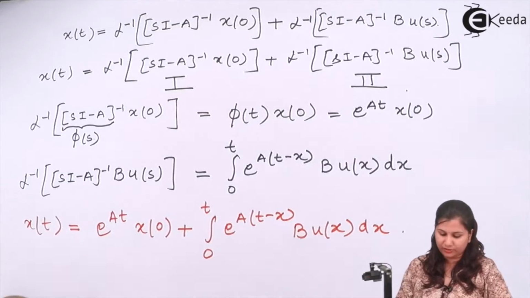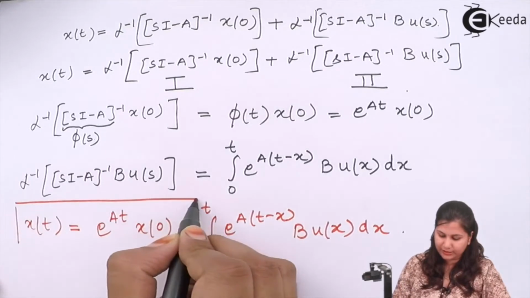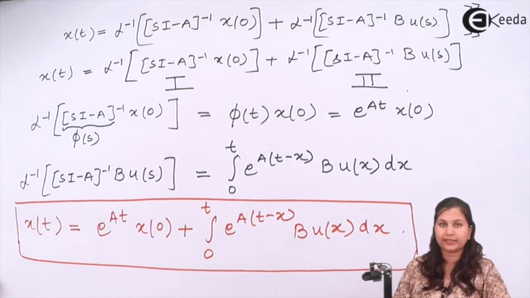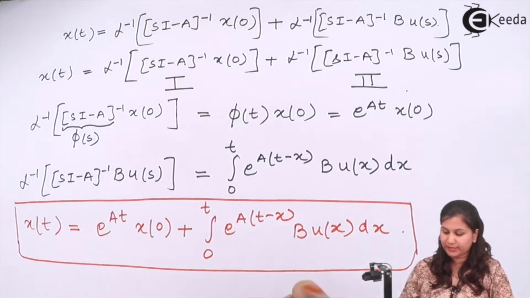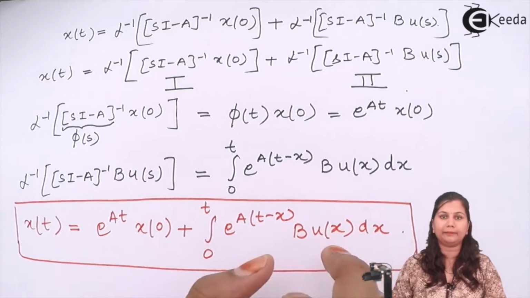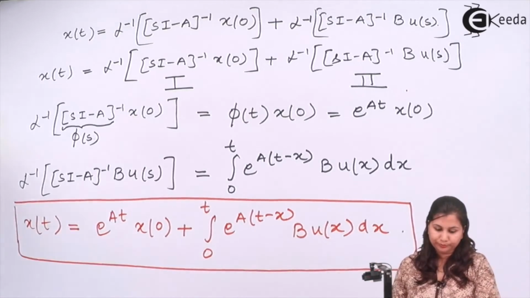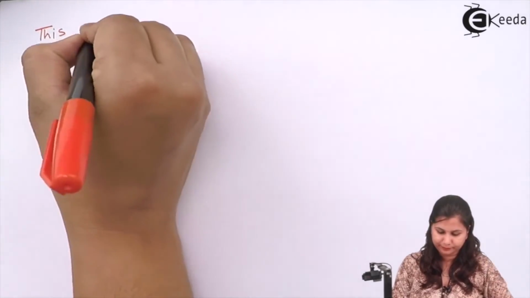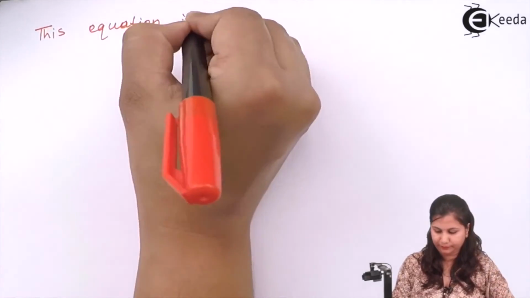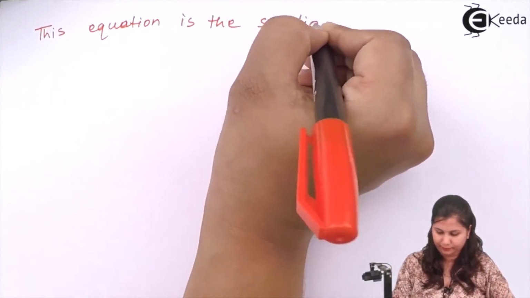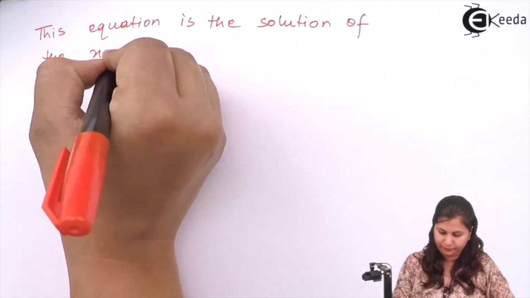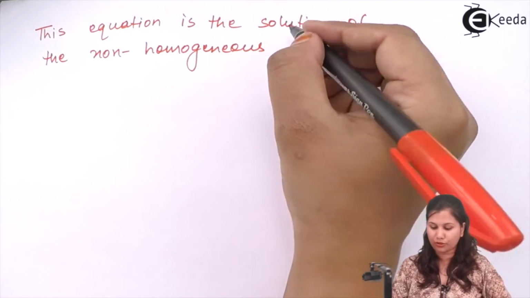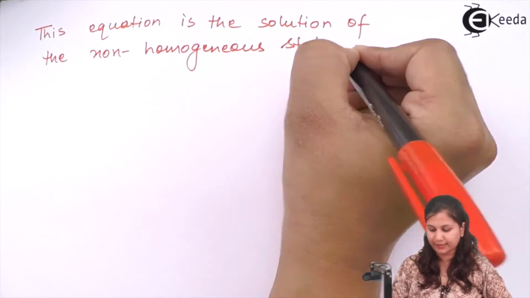So this equation, the x(t) equation, is the solution of the non-homogeneous state equation, when we are considering our input u(t).